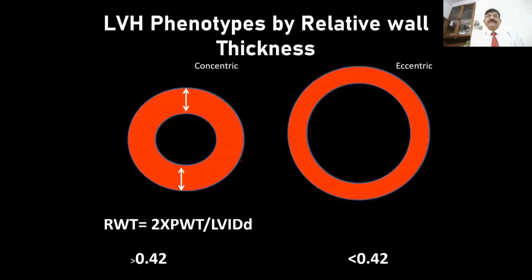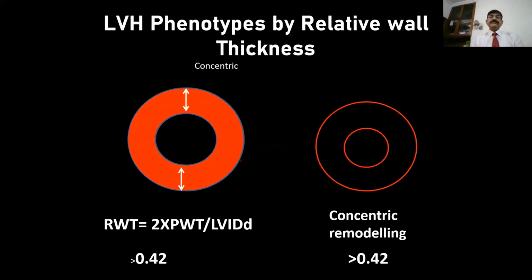However, the gender-specific left ventricle mass is increased. That is because of an increase in left ventricular cavity size. And that's called eccentric hypertrophy, common in athletes, common in mitral regurgitation, aortic regurgitation, and so on and so forth.